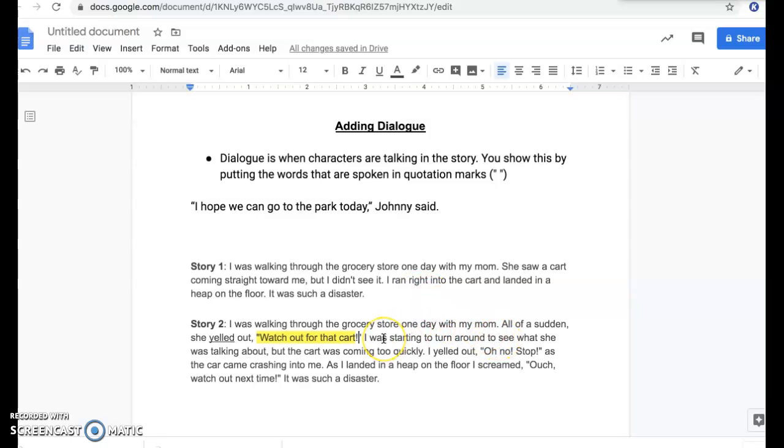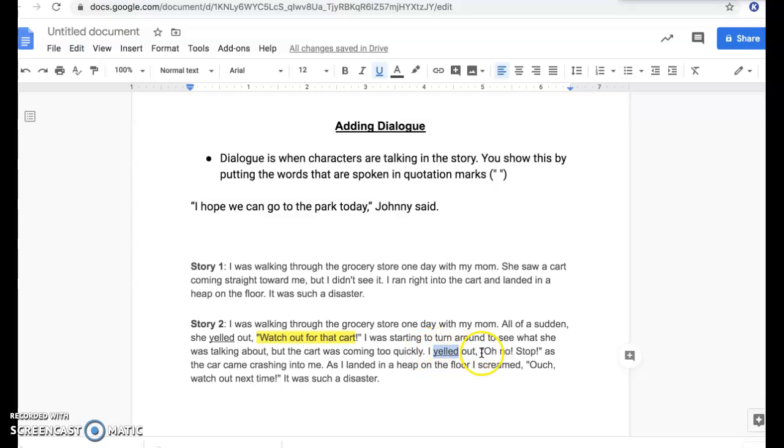Let's find another spot where there is dialogue in this story. So I was starting to turn around to see what she was talking about, but the cart was coming too quickly. I yelled out. Here's the word yelled again. Yelled tells me that both characters, the mom and the son or daughter, are kind of afraid maybe because the cart is coming right at the son or daughter, right?